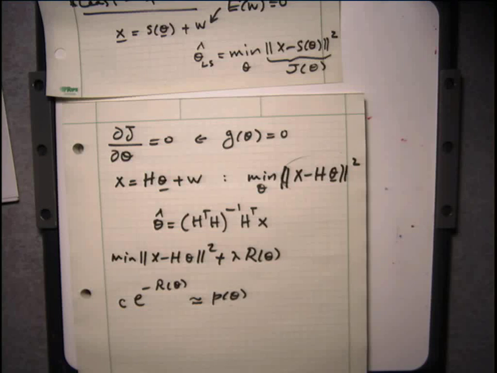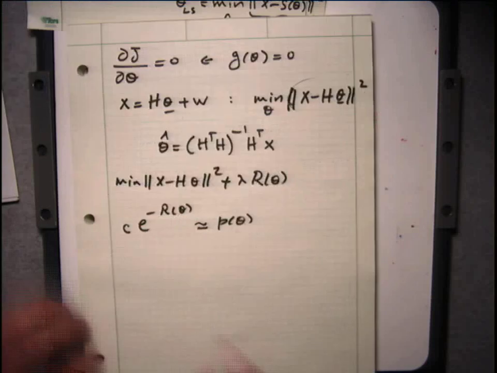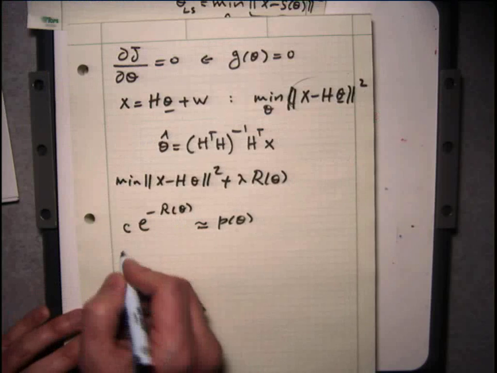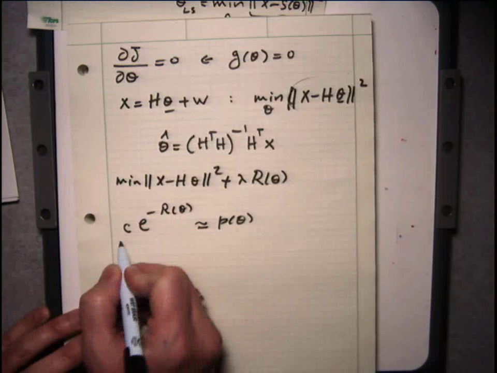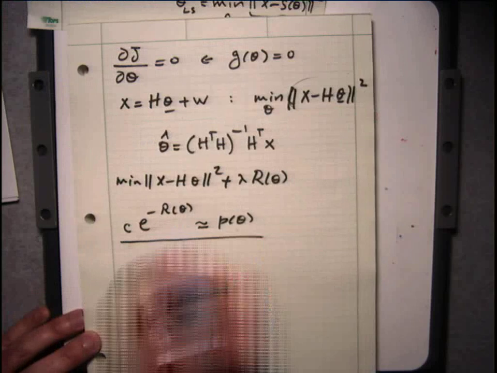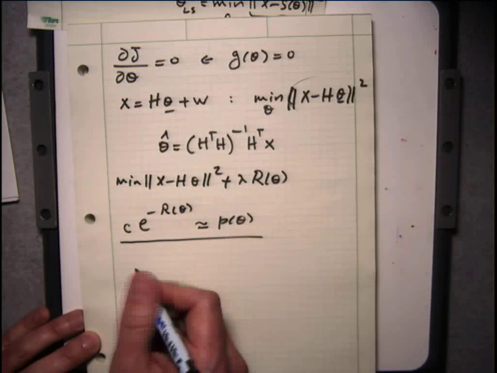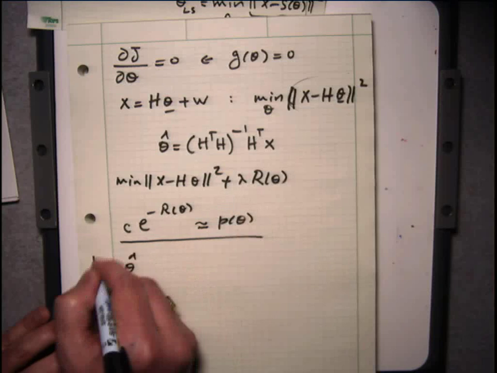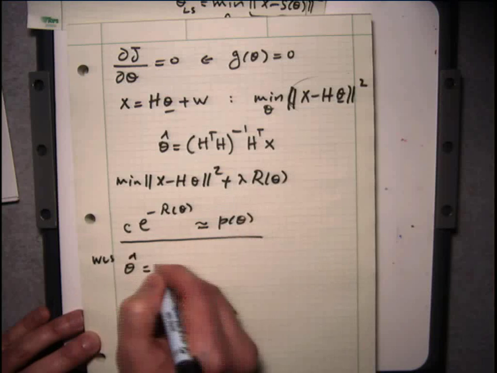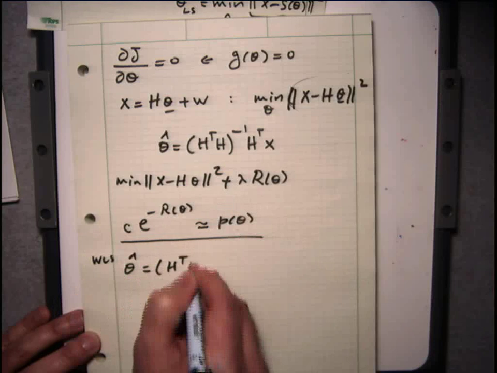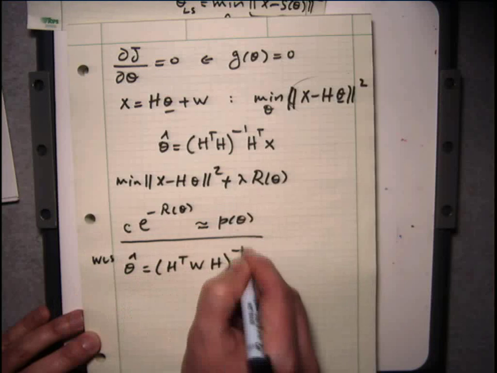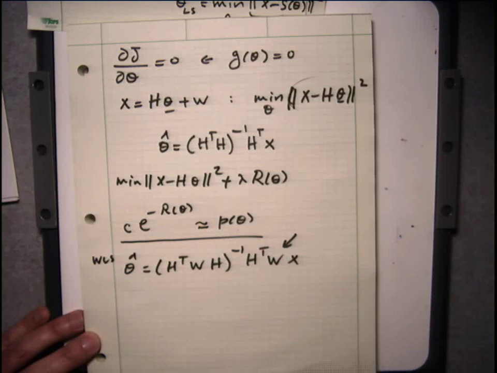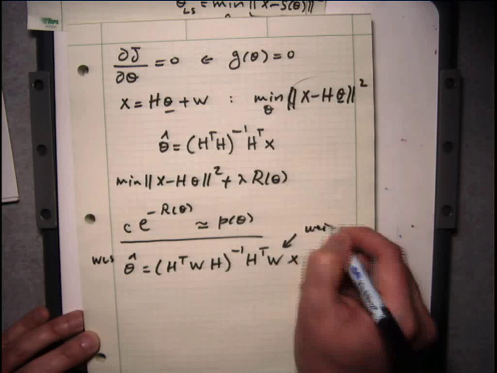Okay, so let's just, for the sake of completeness, also write down the standard least squares solution, the weighted least squares solution. Weighted least squares is (H transpose W H) inverse H transpose W x, where these are the weights.